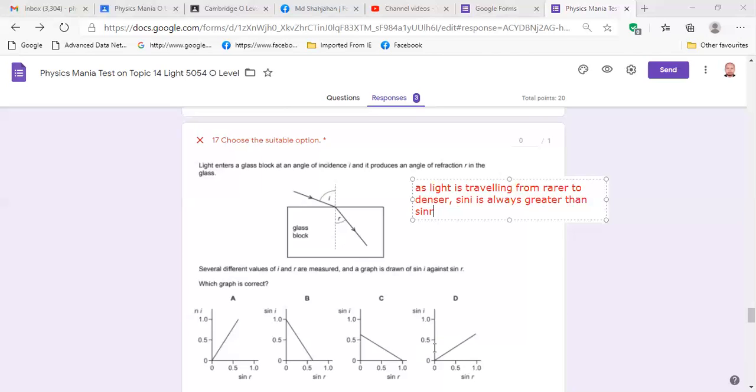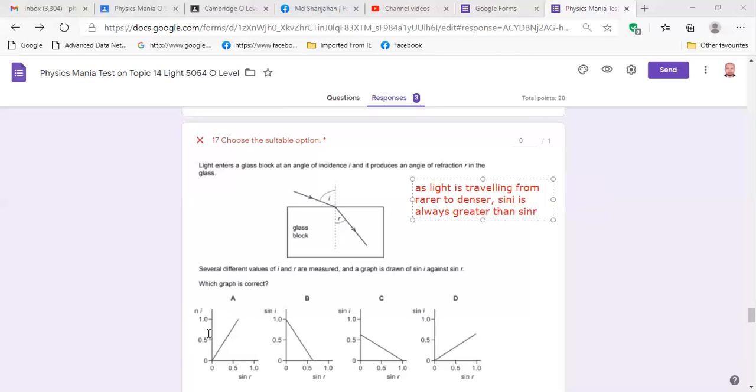That means in D sine I is smaller and sine R is greater, so it is also wrong according to our statement that sine I is always greater than sine R. That is only matching with A. Look here, if sine R is 0.5, sine I is greater than 0.5, isn't it?